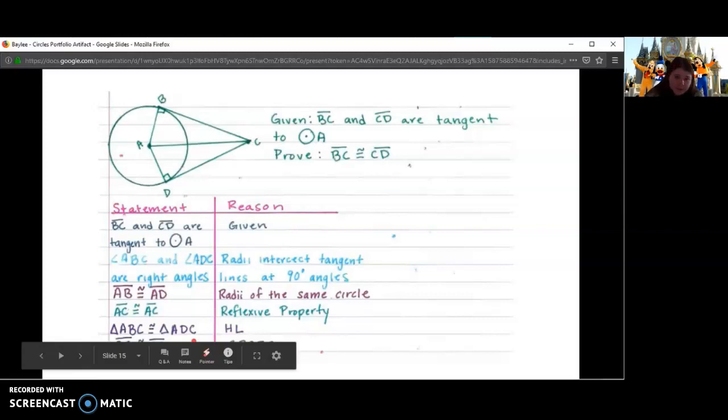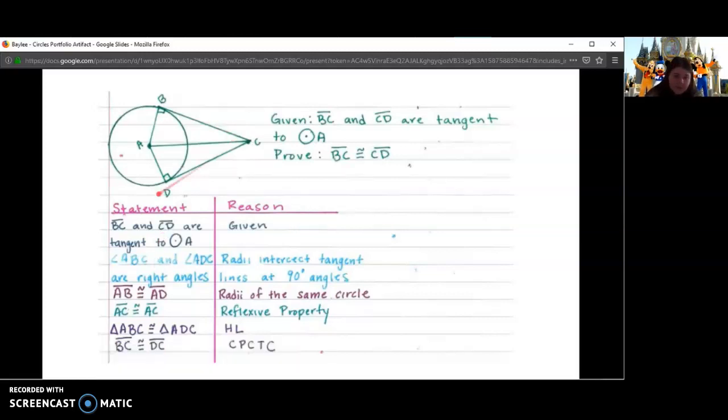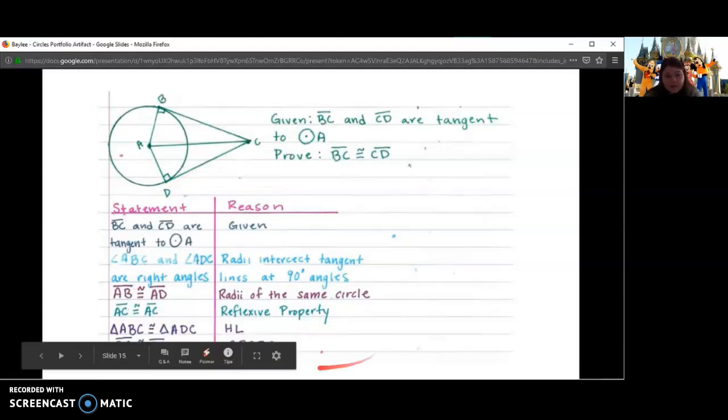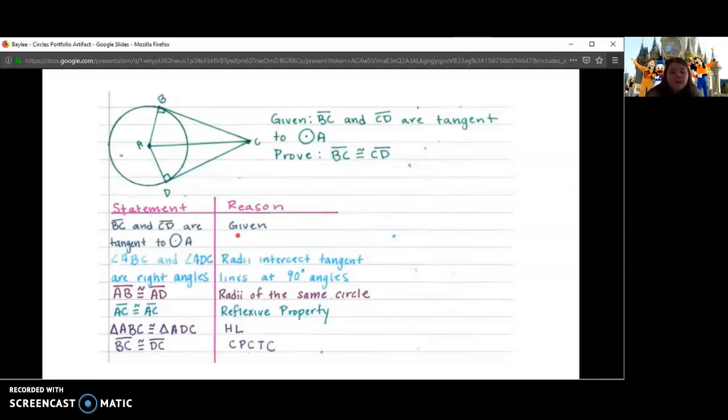So then we can figure out this last, that BC and DC are equal because corresponding parts of congruent triangles are always congruent, or CPCTC, which I forget what that stands for.